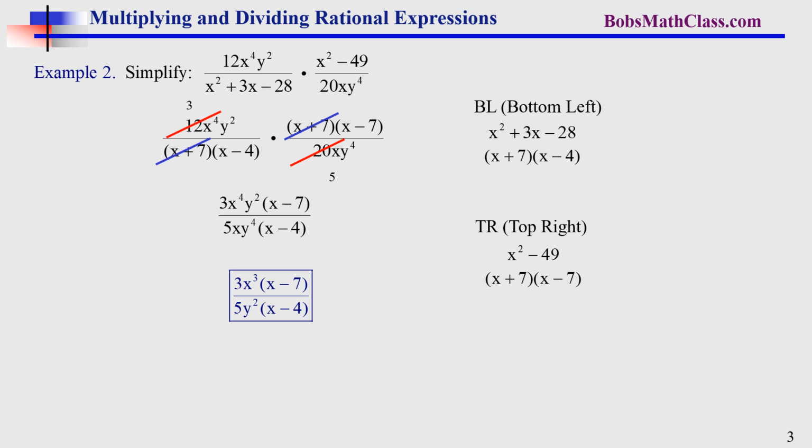The answer usually is written as a product of all the factors that are left over. Just make sure that you put the integer first, and then any variables, and then any binomials. So you wouldn't want to put that x minus 7 before the 3. That would just be weird. Okay?